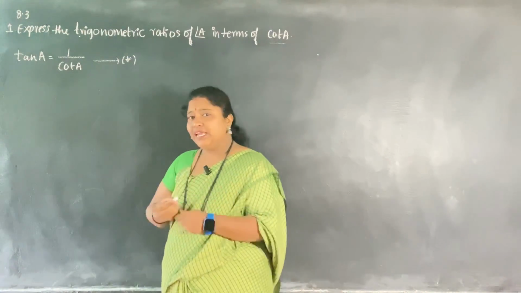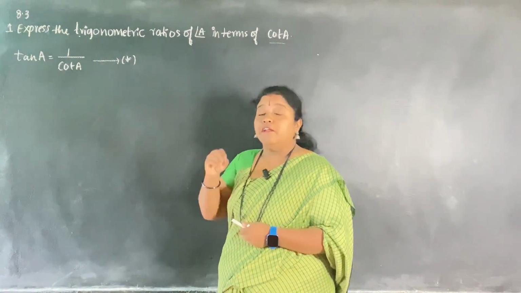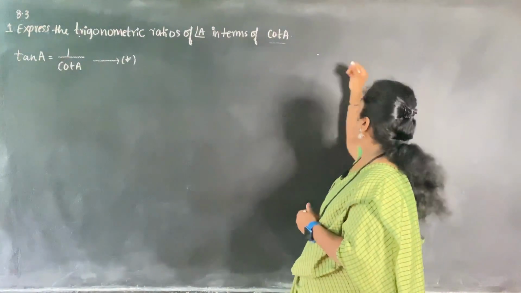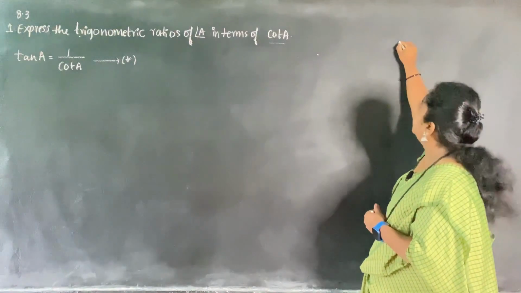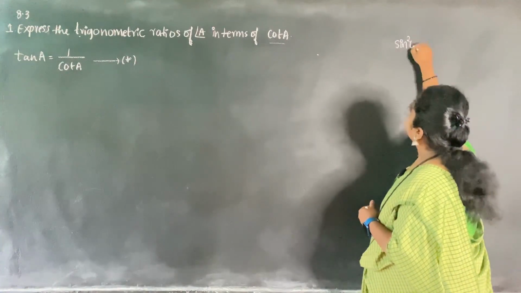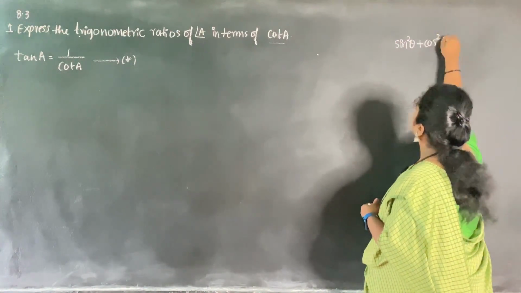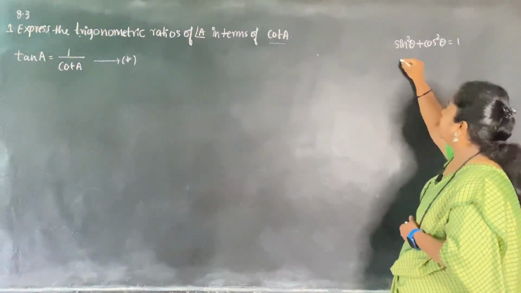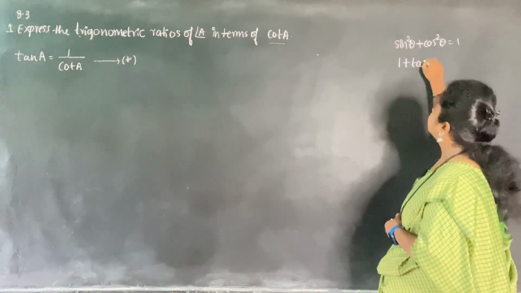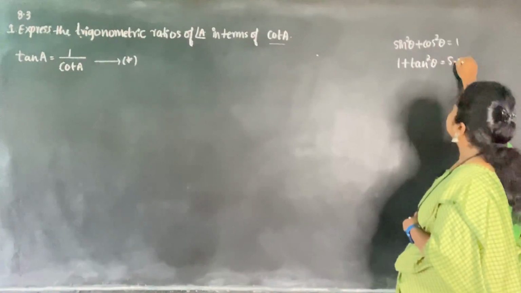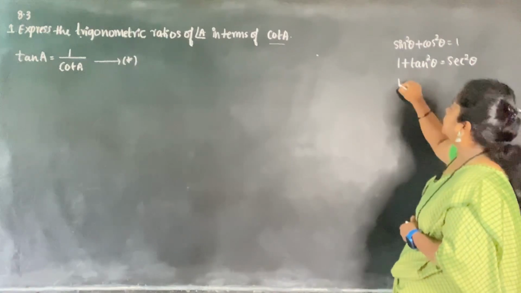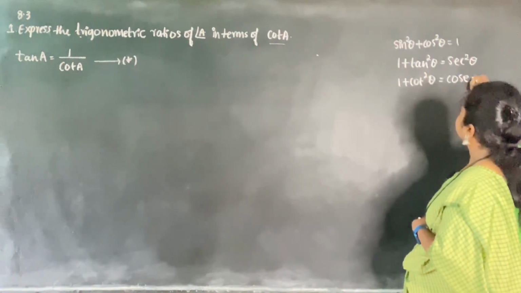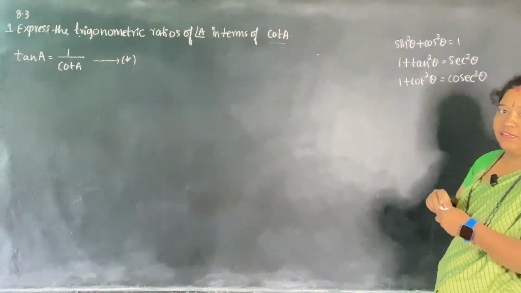Okay. Next one. What is the next one? Remember the trigonometric identity. What are the trigonometric identities that we have learned so far? You know that sine square theta plus cos square theta is equal to 1. This is one trigonometric identity that we have learned. And after that, 1 plus tan square theta is equal to secant square theta. In the third one, we have 1 plus cot square theta is equal to cosecant square theta. Just see here.